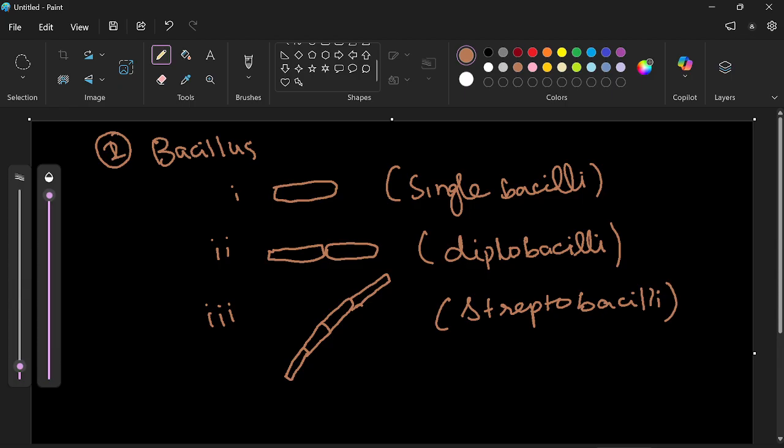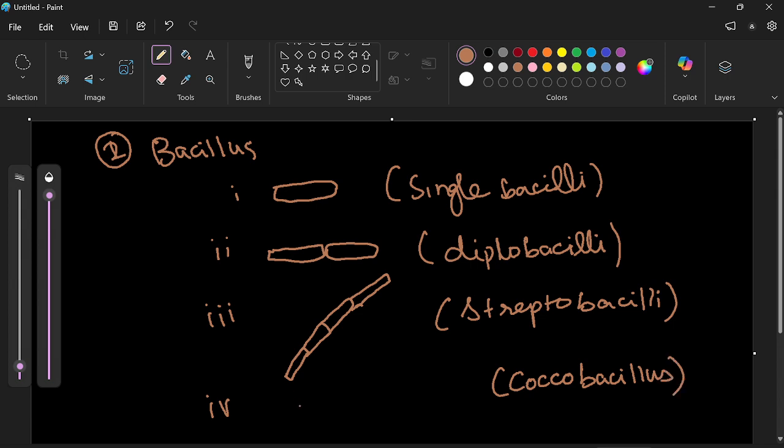These were the shapes for bacillus, but there is one more shape which is also a form of the cocci. It integrates both into one, which we call the cocobacillus, as they look like a circular form, but they're also rod shaped.